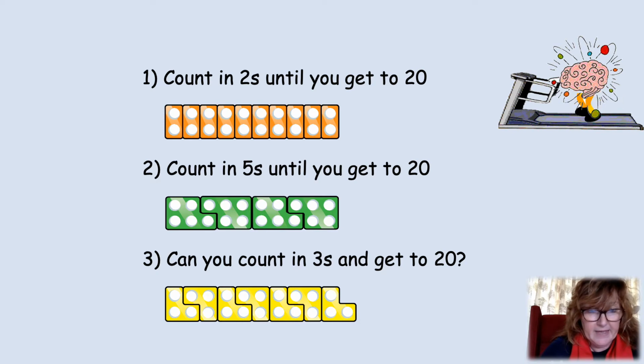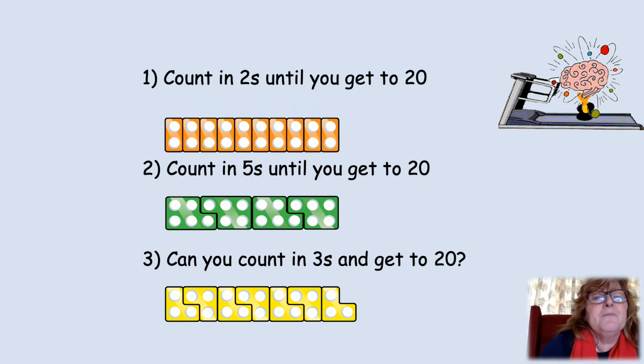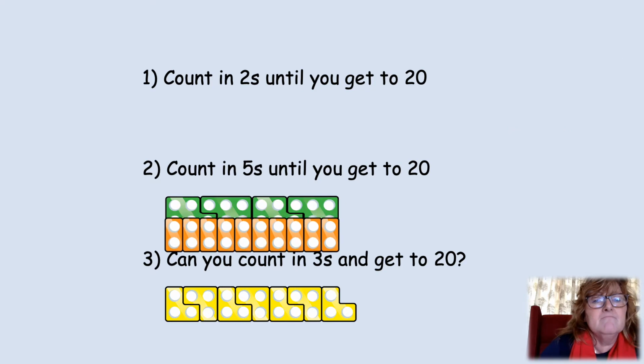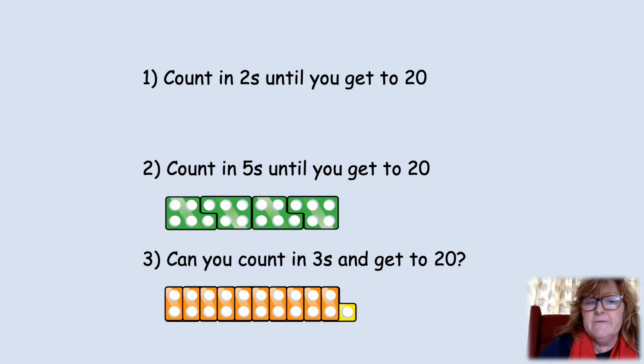No, I can't, can I? Can I prove this? Let's check. Right, my twos counting got me to 20, as did my fives. Oh no, it didn't, did it? I can't count in threes and get to 20, and I've just proved with my Numicon that I can't do that. Well done.